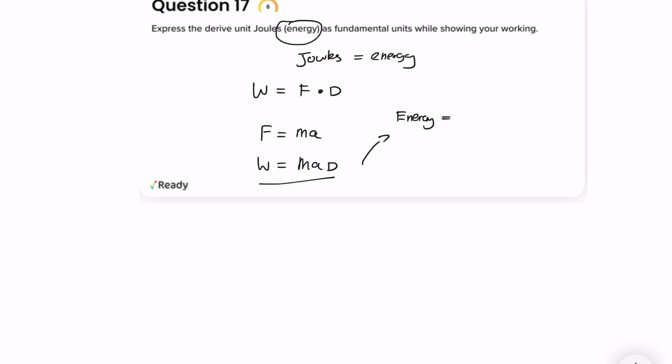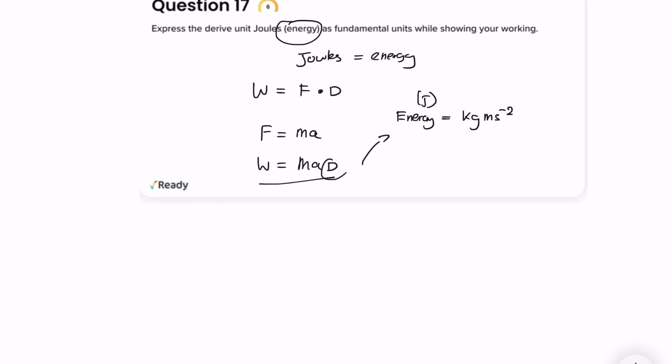So we know work is energy, so I'm just going to write energy, which is in joules. And mass is in kilograms, multiplied by acceleration. Acceleration is the change in velocity over change in time. We know velocity is meters per second, so this would be a -1, but it's over a change in time, which means to the -2.